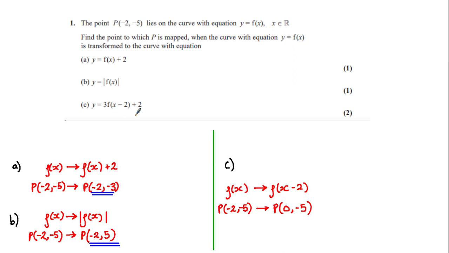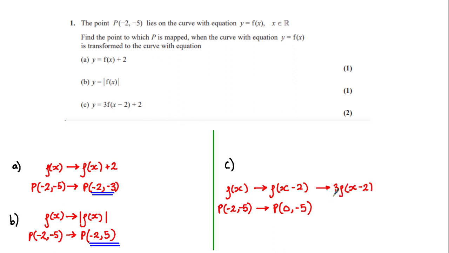Looking at the function, we can see that the y coordinate will be affected by 2 transformations, multiplying by 3 and adding 2. Now it's important to know that the order of transformation is very important, and the best way to think about the order is in terms of BIDMAS, where multiplication would always come before addition.